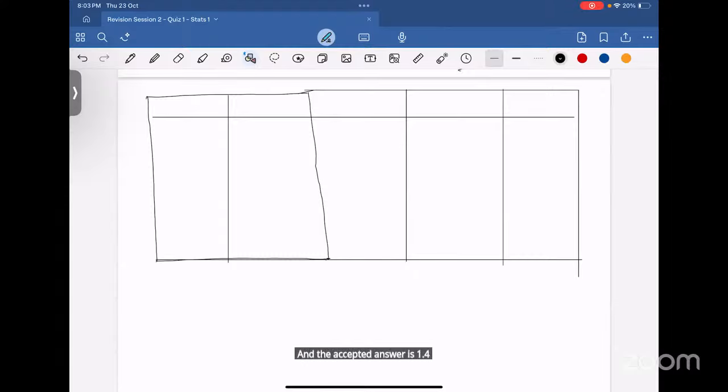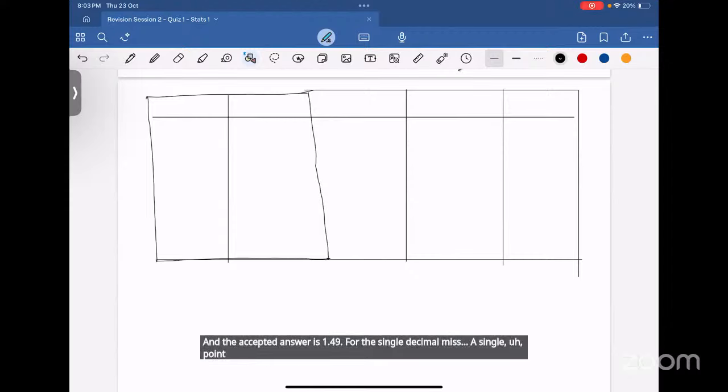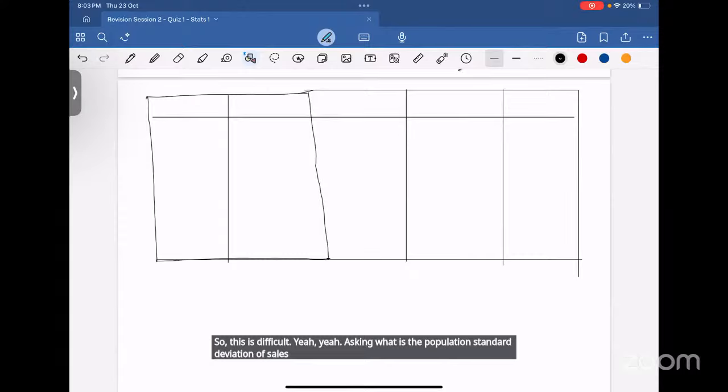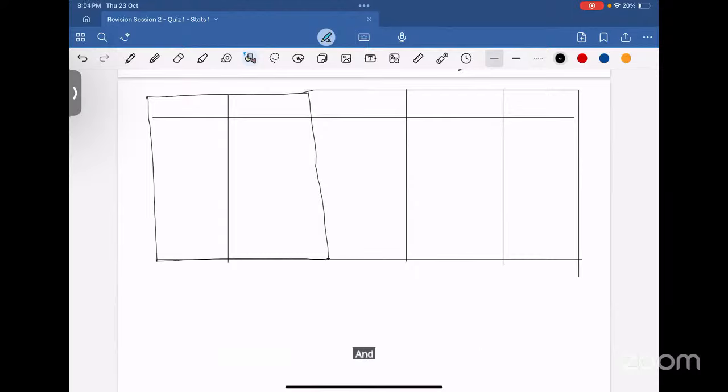For a single decimal point difference, I got an incorrect answer. The question asks what is the population standard deviation of sales for 1 plus. I entered 1.48 and they are saying 1.49 and 1.69. So how will we be sure in the exam that it will be correct?